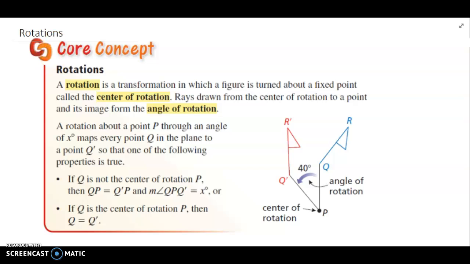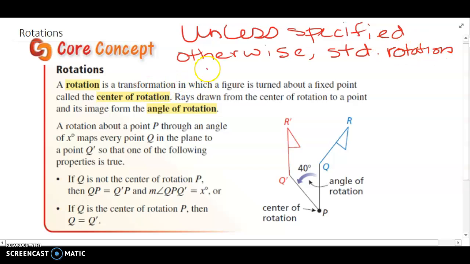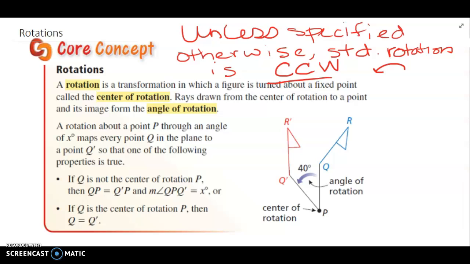One of them is that unless specified otherwise, our standard (STD) rotation is counterclockwise. For those of you who don't know, counterclockwise is this way. That might be opposite from what you would think, but that's how it is.